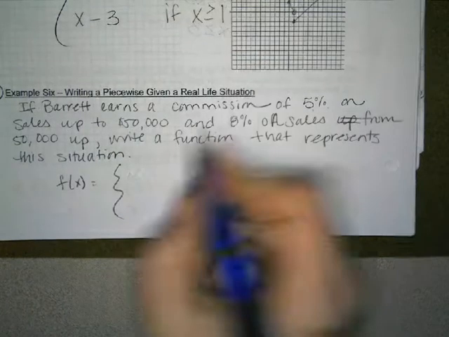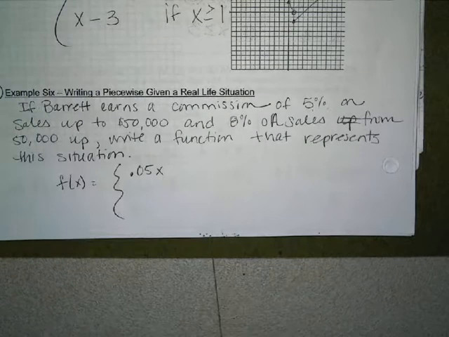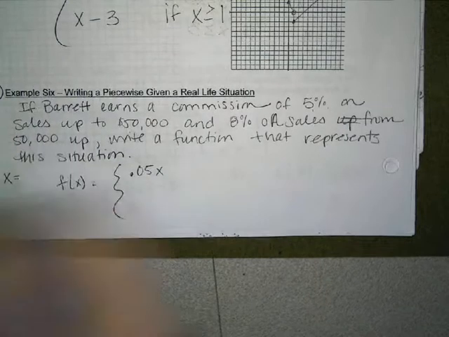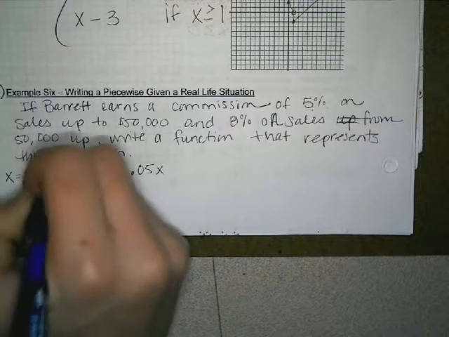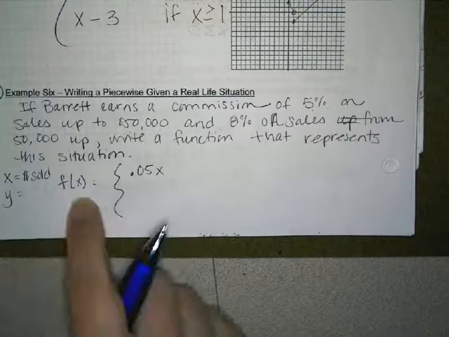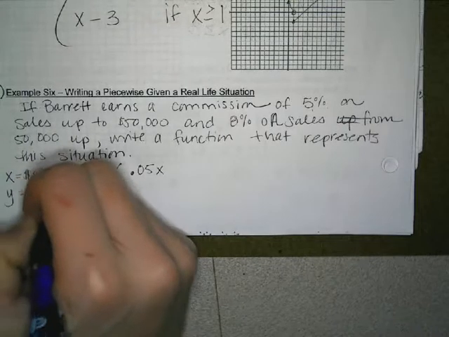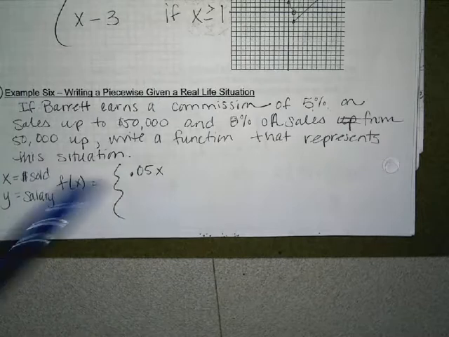And so the first function here is going to look like 0.05 times x, where x would be how much he actually sold. And so let's go ahead and label our variables over here. X is going to be amount sold, and y, or this f of x situation, is going to be his salary, or his commission. Based on how much he sold, that's how much he makes.